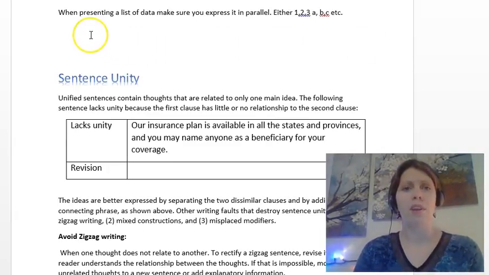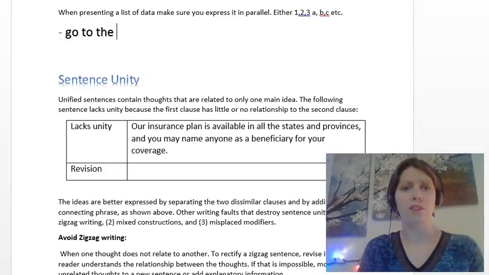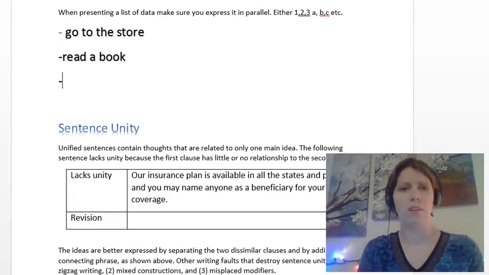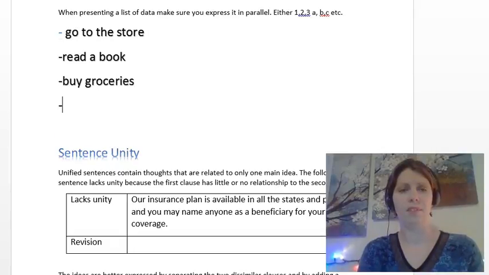Sometimes people, when they're listing things, they start with, let's see here. Go to the store, read a book, buy groceries, shopping for a car.